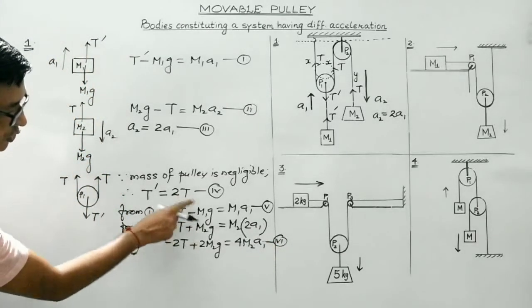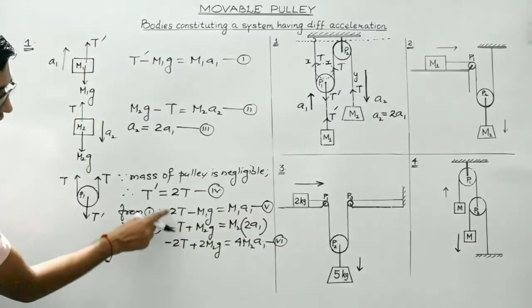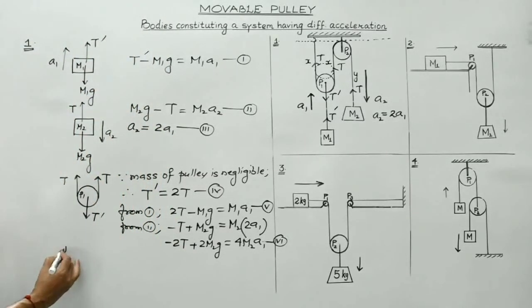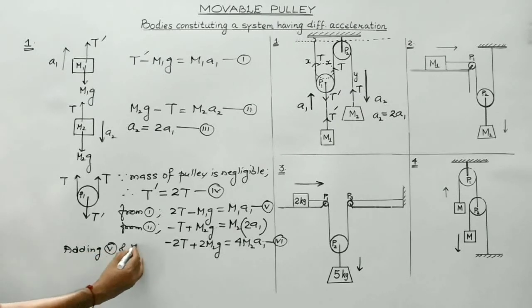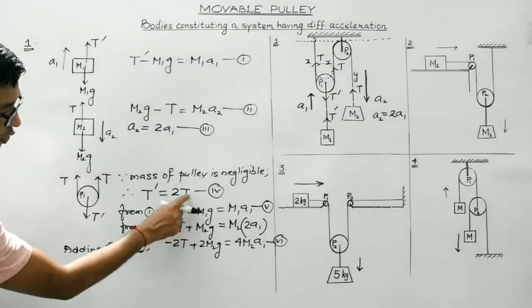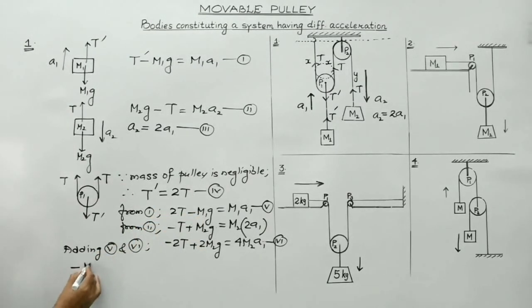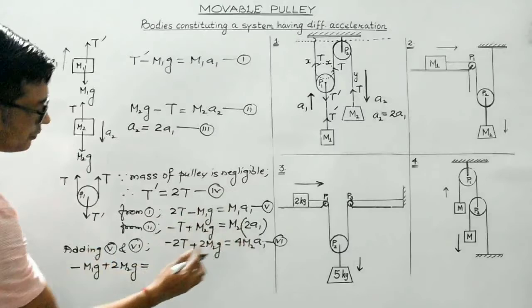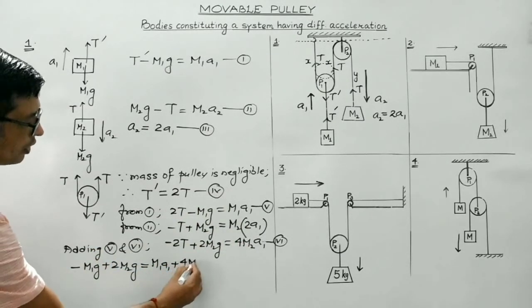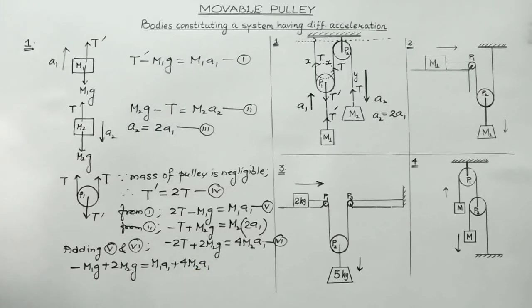Now students, observe these two equations 5 and 6. If we add, then the tension will get eliminated, right? So adding equation 5 and 6, we get 2T minus 2T get cancelled. So what we get is minus M1G plus twice M2G is equal to M1A1 plus 4M2A1, right?